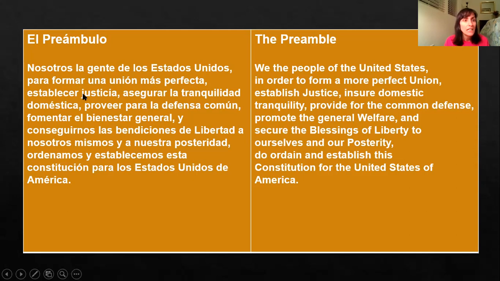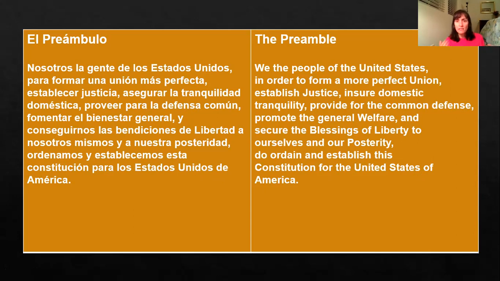Establish justice, establecer justicia, ensure domestic tranquility, asegurar la tranquilidad doméstica, provide for the common defense, proveer para la defensa común, promote the general welfare, fomentar el bienestar general, and secure the blessings of liberty, y conseguirnos las bendiciones de libertad to ourselves and our posterity, a nosotros mismos y a nuestra posteridad, do ordain and establish, ordenamos y establecemos, this Constitution, esta Constitución, for the United States of America, para los Estados Unidos de América.